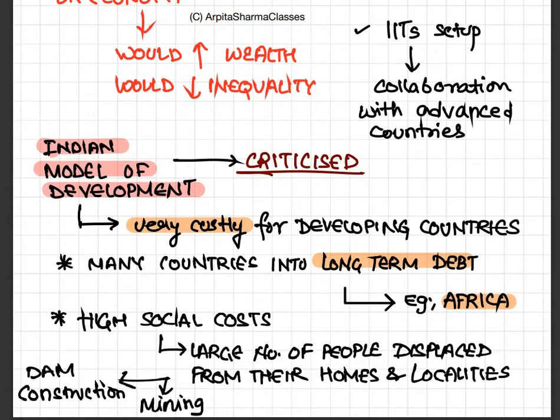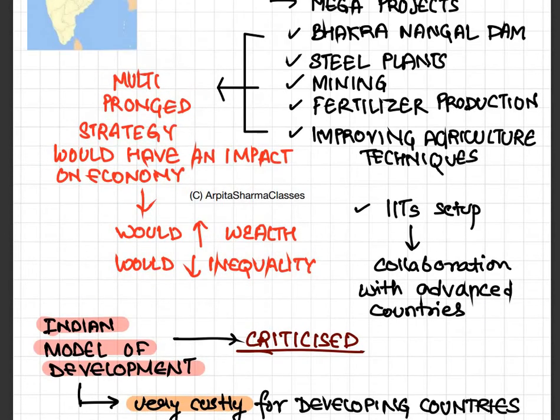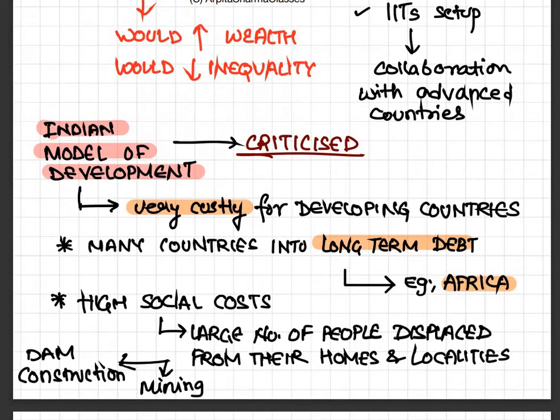But the Indian model of development, or the same kind of development model adopted by other developing nations, was highly criticized. Why? Because the philosophers or the thinkers who criticized this model of development said that it's very costly for the developing countries, because to adopt this kind of model of development, the countries have to take loans from developed nations.